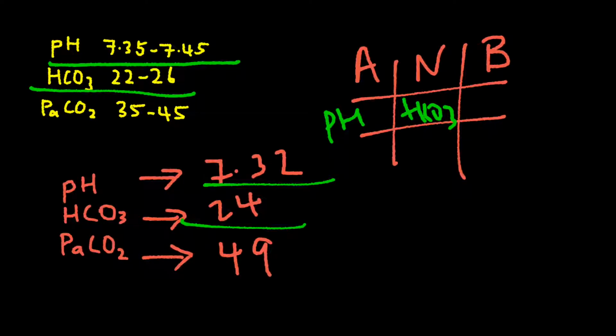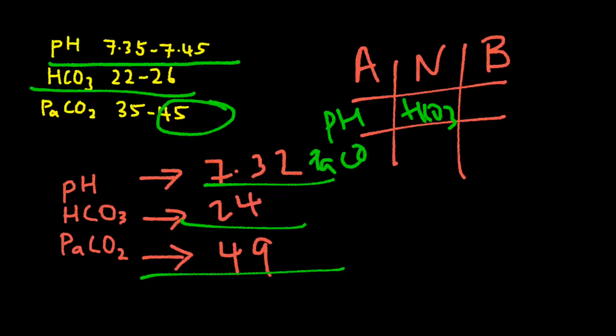Okay. PaCO2 is 49. 49 is on this side, which means it is acidic. Here, the tic tac toe would go this way.